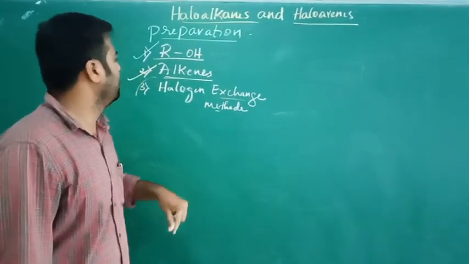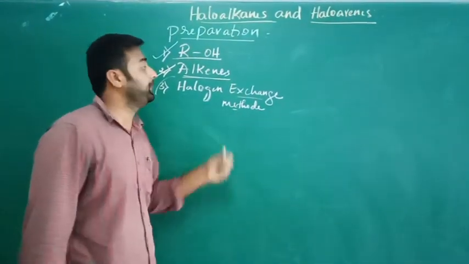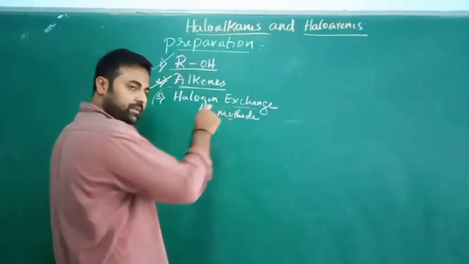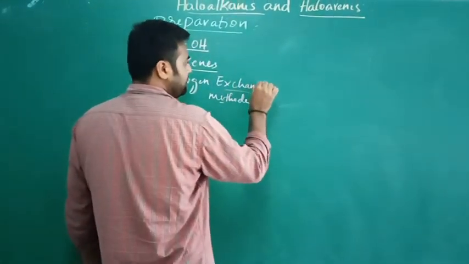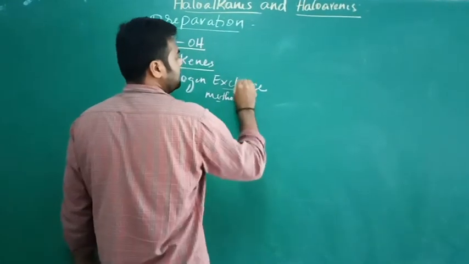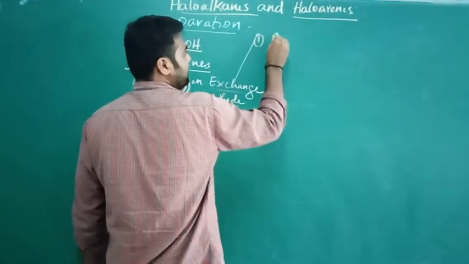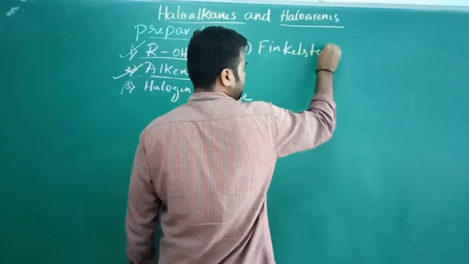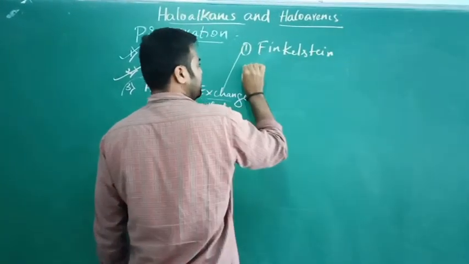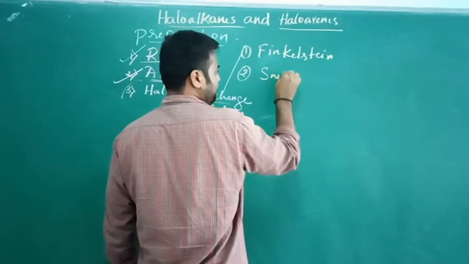Next, the halogen exchange method. From this method, we can also prepare alkyl halides. The halogen exchange method involves two reactions. First one is the Finkelstein reaction, second one is the Swarts reaction.